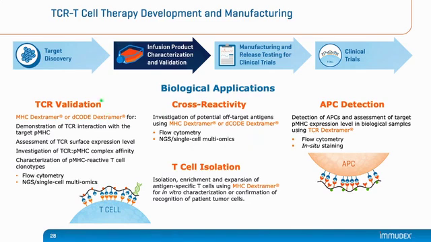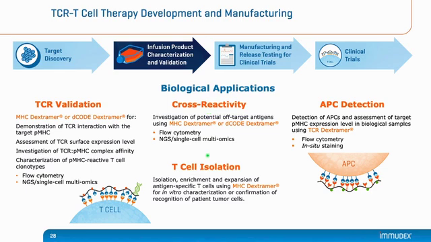Once a TCR has been validated, it can also be validated in a more biological setting, so we can examine the cross-reactivity of a T cell with this TCR introduced. We can look at the cross-reactivity of the cellular therapy, and this can be done using MHC multimers, as you do for instance in epitope discovery.